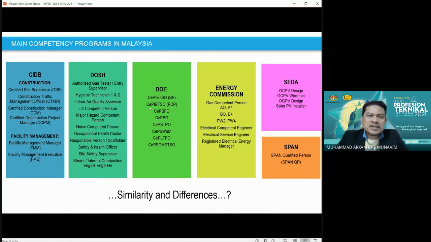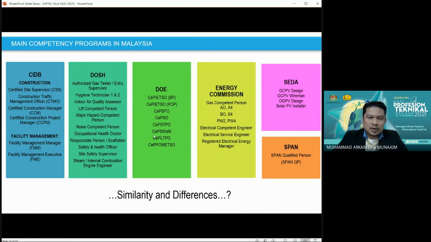And then we can see here PBFO. PB is a CHEP competent person, BF is baghouse filter operation. CHEPSO, a competent person, S is for scrubber operation. CHEPSTPO, STPO, competent person, STP is sewage treatment plant operation. So there is also a competent person from the DOE.